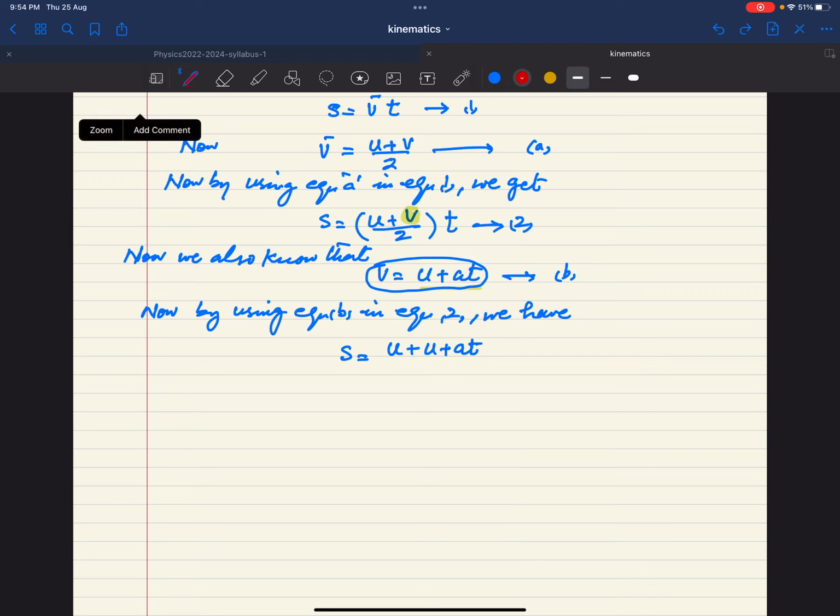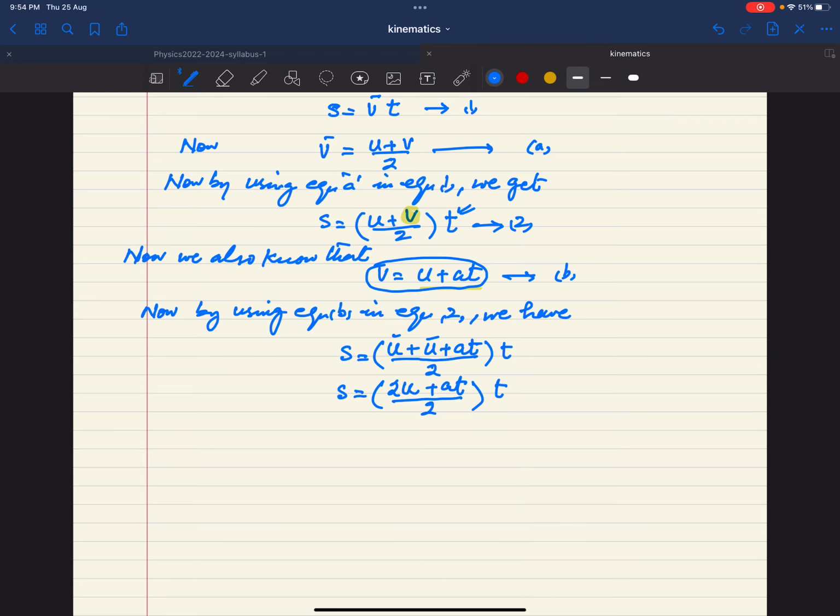Here divided by 2 you already have, and of course this t is already present. Here you have u and u, so 2u plus at is still in the bracket.